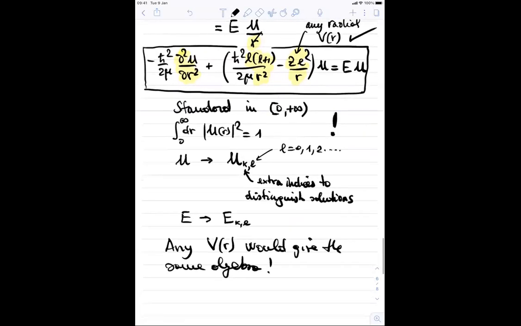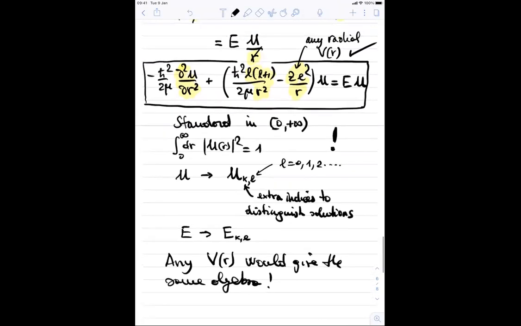Fantastic. Now we want to solve this problem. And you see that there are lots of H bars, the mass, the charge of the electron, lots of things that are rather annoying. People sometimes say, okay, let's put H bar to 1, mass to 1, E to 1, everything to 1, okay?